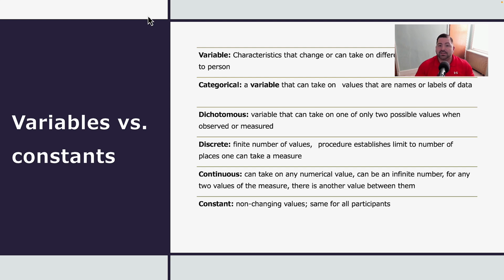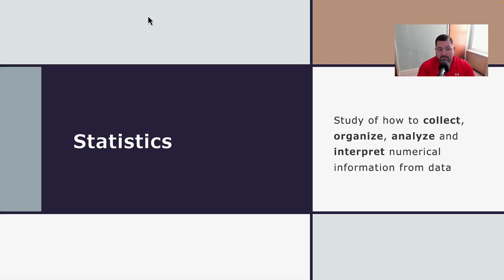And so if I was to say everybody in this class is an undergraduate student at Drexel University, that is a constant that all of you have, even though individually you vary from person to person. Another important term for you to know in this class is statistics.